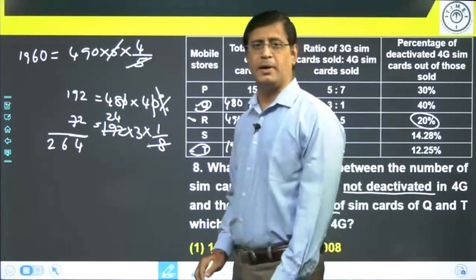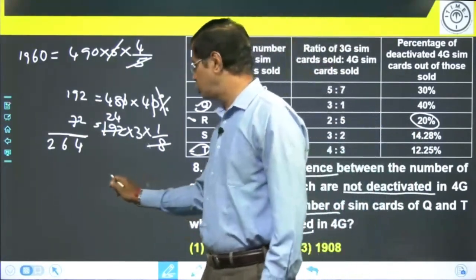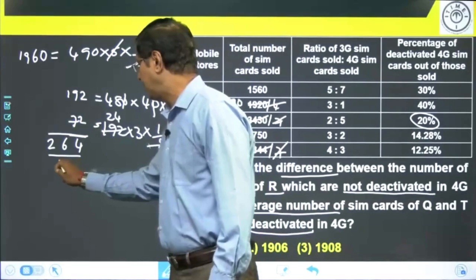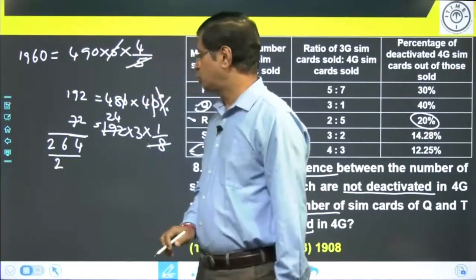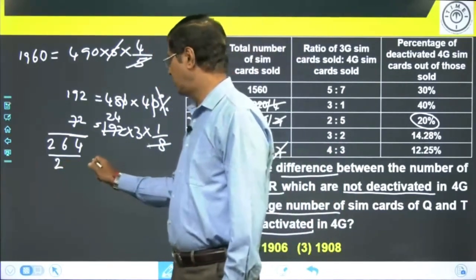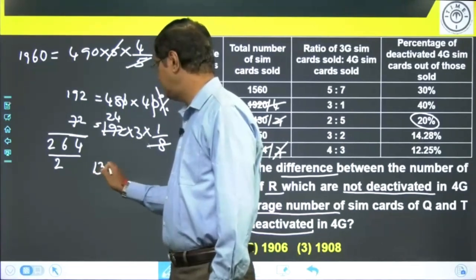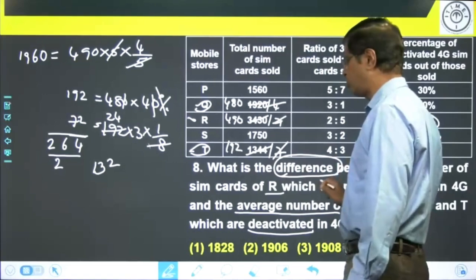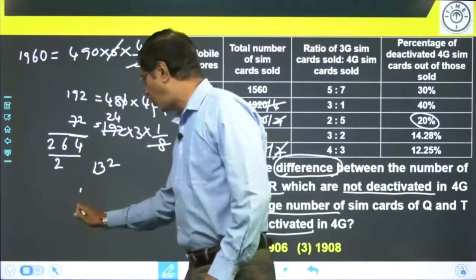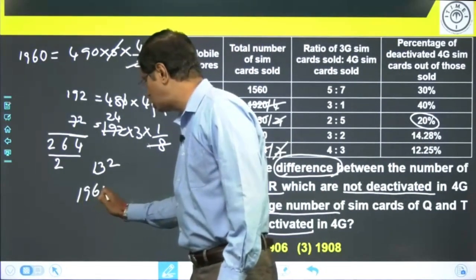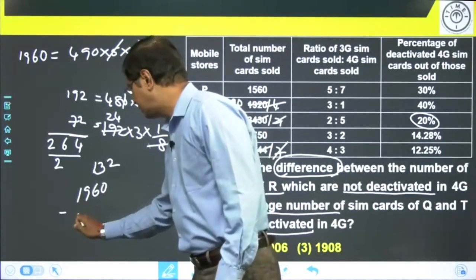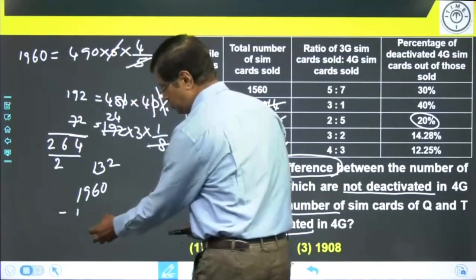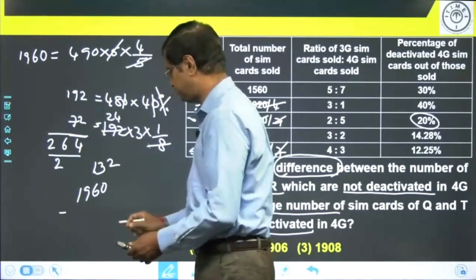Average means sum by number, so 264 by 2. The result is 132. He is asking to find the difference. Difference means 1960 minus 132.